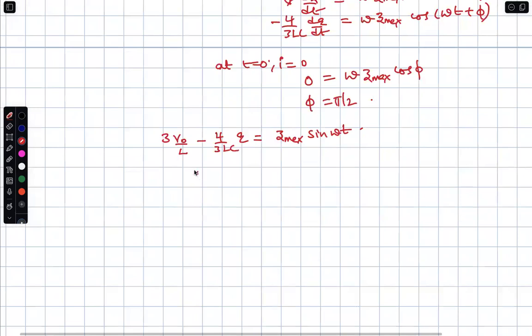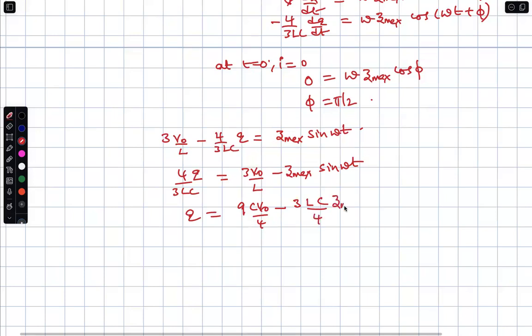From 4 by 3LC Q is equal to 3V naught by L minus z max sin omega t, so Q is 9CV naught by 4 minus 3LC by 4 z max sin omega t.